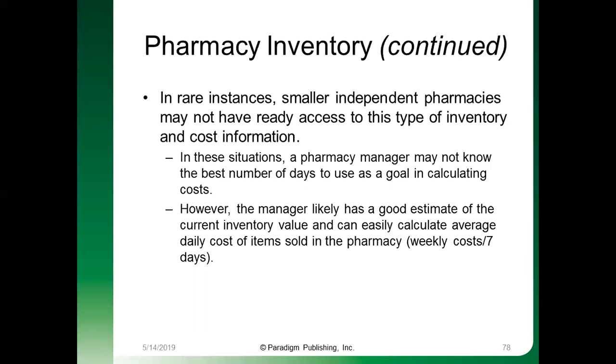In these situations, a pharmacy manager may not know the best number of days to use as a goal in calculating costs. However, the manager likely has a good estimate of the current inventory value. She can easily calculate the average daily cost of items sold in the pharmacy, and the weekly cost, 7 days.